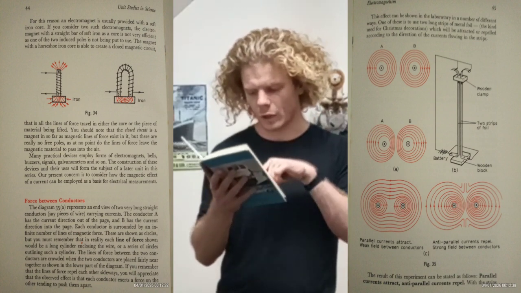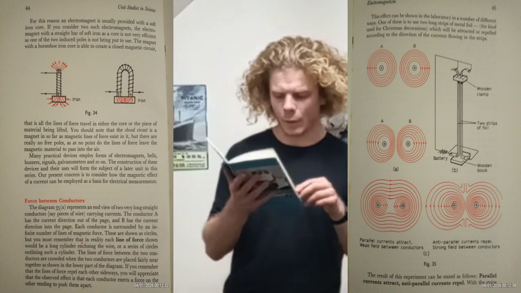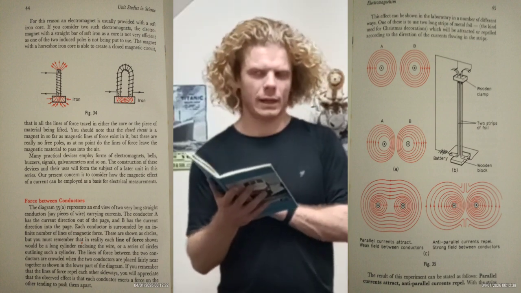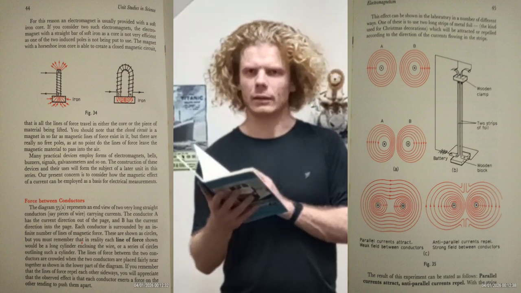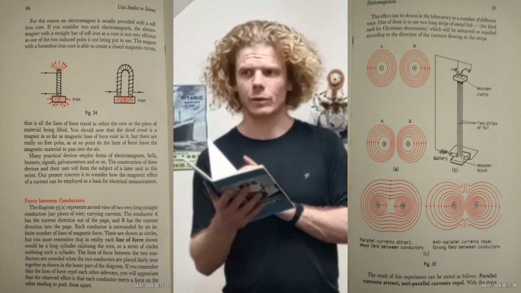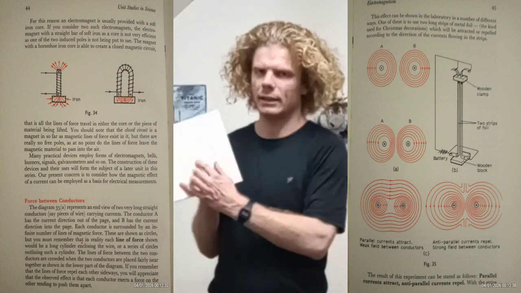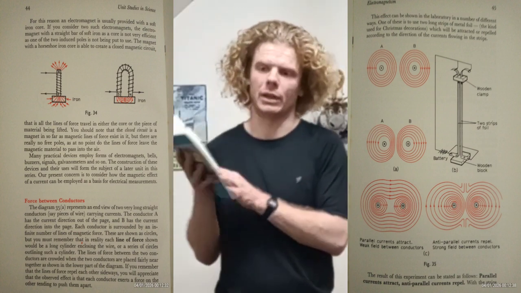Each conductor is surrounded by an infinite number of lines of magnetic force. That was the previous part, we didn't really understand it, but wherever there's some type of electrons running, current, electricity, there's a field. And this field is here depicted through these red lines.